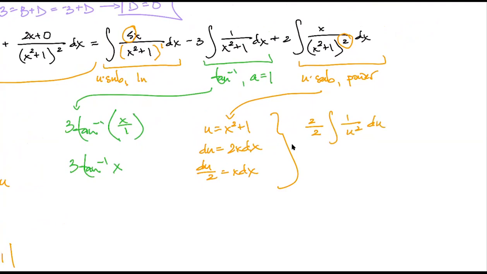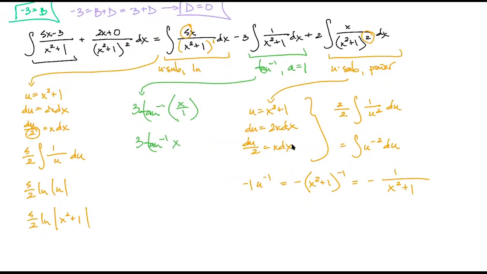Or if you wanted to take a step to write it as the integral of u to the negative 2 du, that might not be a bad idea to remember that you have to add 1 to the negative 2, not a positive 2. And when we integrate this, we will end up with u to the negative 1, and then the coefficient is negative 1, which is going to give us negative x squared plus 1 to the negative 1, or negative 1 over x squared plus 1.